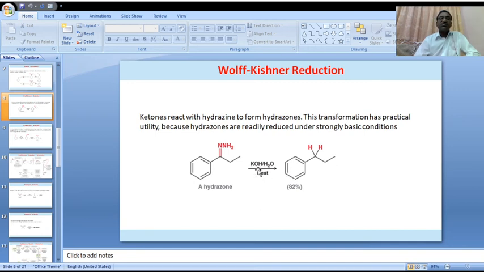Here we are using the strong base potassium hydroxide in presence of water. It is converted to a normal alkane chain, with loss of N2. In this reduction reaction, we get a yield of 82% of this particular compound.